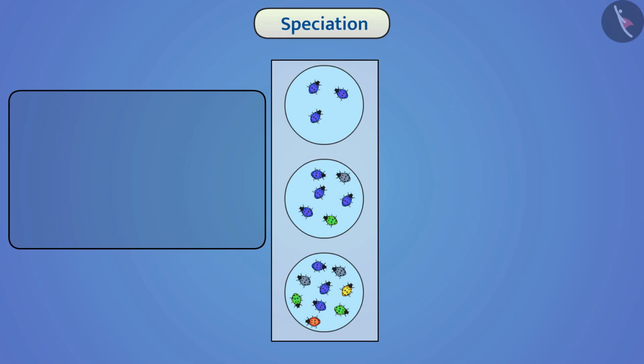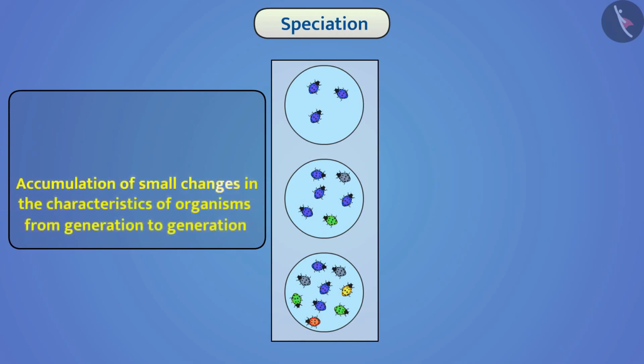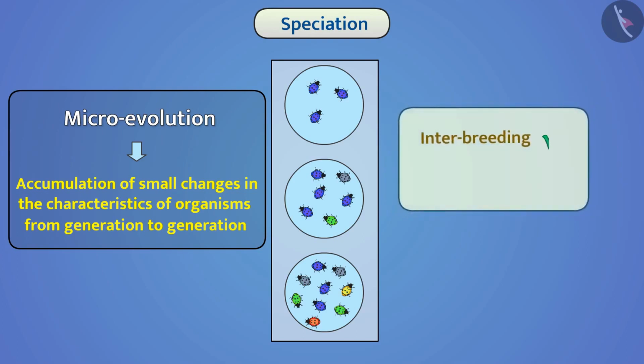In this way, accumulation of small changes in the characteristics of organisms from generation to generation is called microevolution. Microevolution results in small changes to the normal characteristics of the organism, but still different organisms of the same population can interbreed and produce fertile offspring.